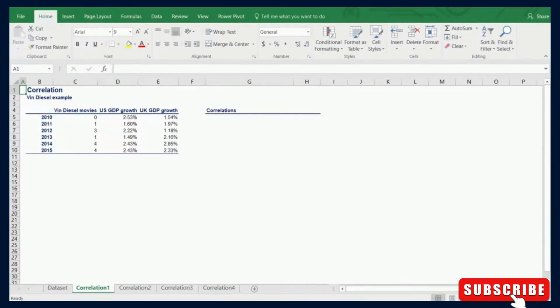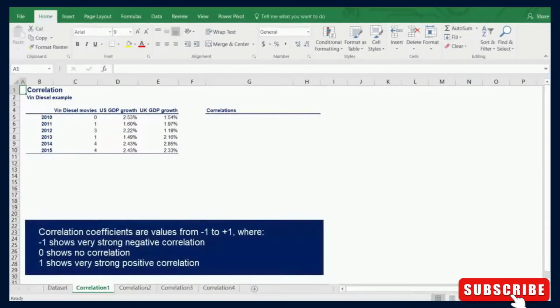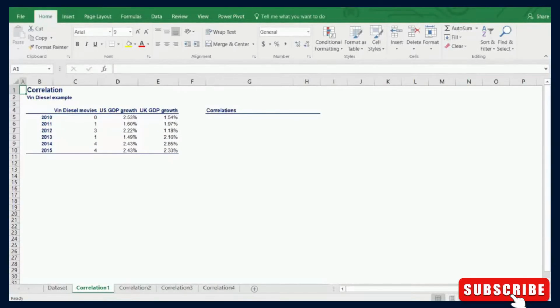I would like to remind you that the correlation coefficients are values from -1 to +1, where 0 shows no linear relationship, 1 a very strong positive correlation, and -1 a very strong negative correlation. The correlation of Vin Diesel movies and the US GDP growth rate is 0.43. What's the meaning of this value?